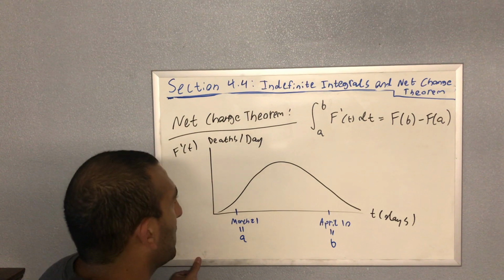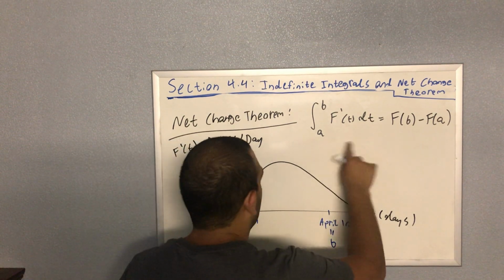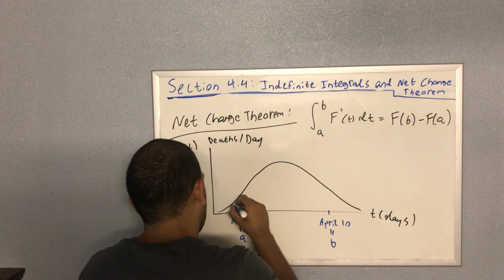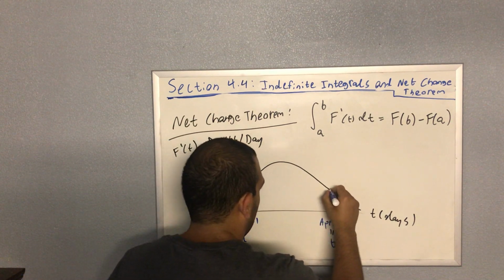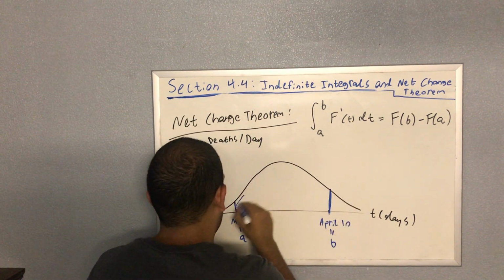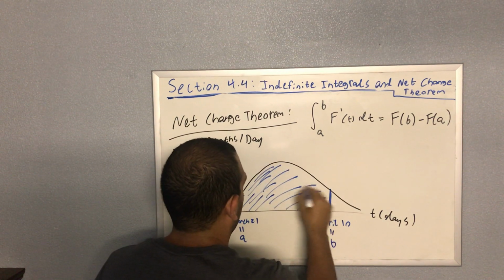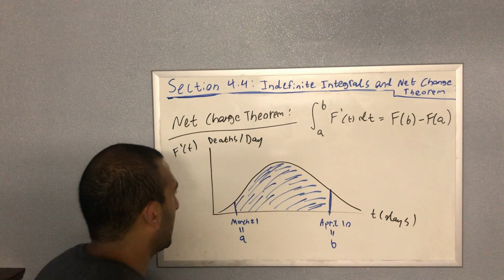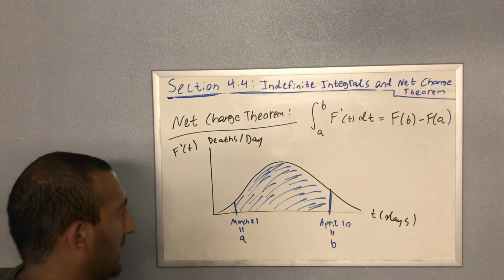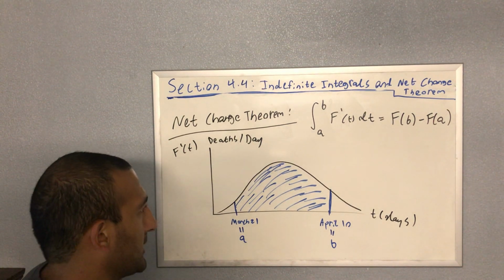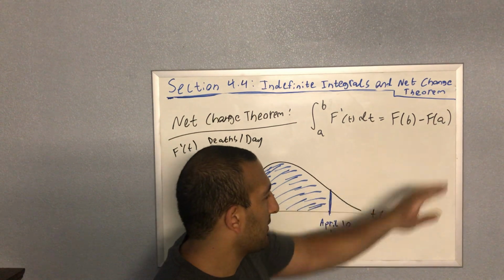All right? So what this is saying is the area under the curve of f prime right here is literally just f of b minus f of a.